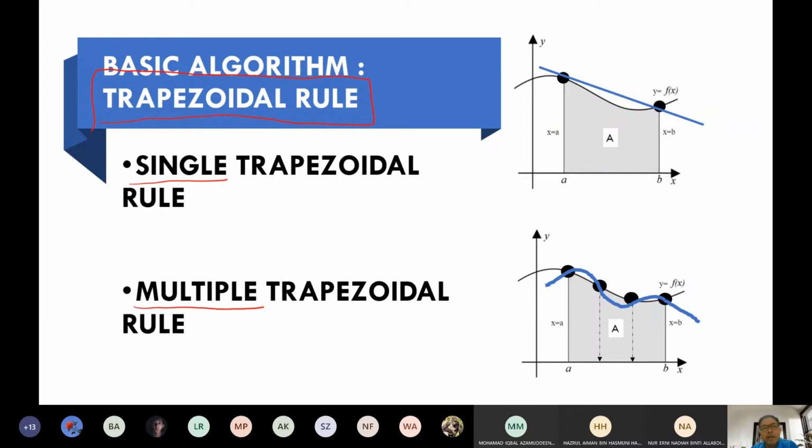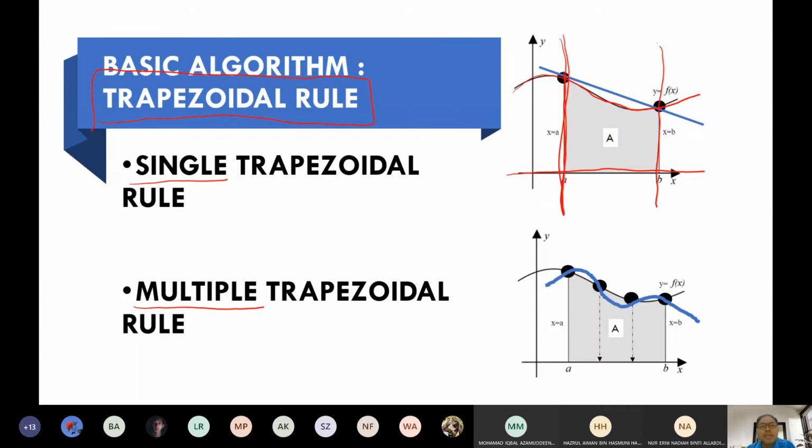So I will talk first about the first approach, which is the single trapezoidal rule. So in the single trapezoidal rule, let's say this is the curve that you want to integrate, bounded by this curve. Sorry, this is the lower limit of your integral, and this is the upper limit of your integration.